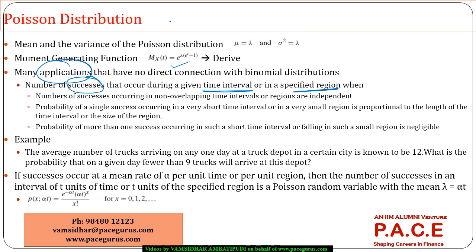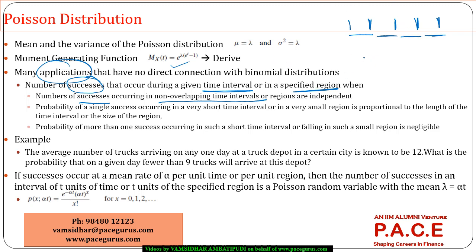Number of successes in a given time period or in a specific region, where the number of successes occurring in non-overlapping time intervals is independent. So when I am talking about 1 hour, number of successes in the first 15 minutes versus the next 15 minutes, and the next 15 minutes and the last 15 minutes, they are all independent.